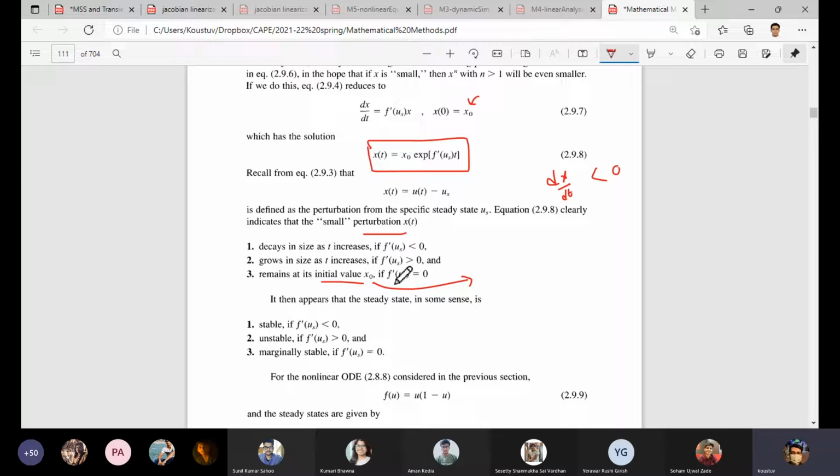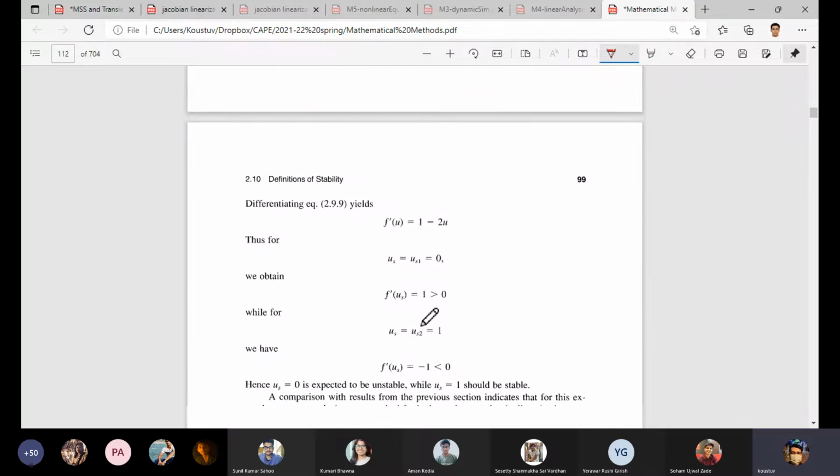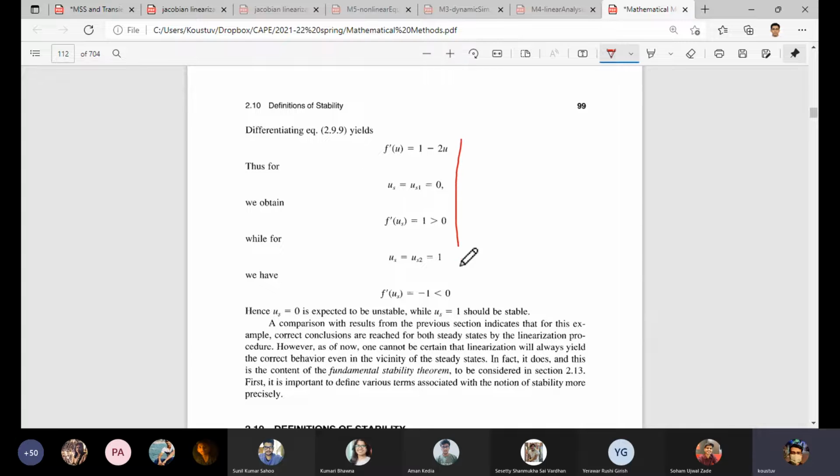So now, if there are two steady points that we have obtained here, one is 0 and one is 1, we just want to characterize them. What we have done is some mathematical formulation and calculations, and we have found that the point 0, which is one of the steady states, is unstable, and 1 is stable.